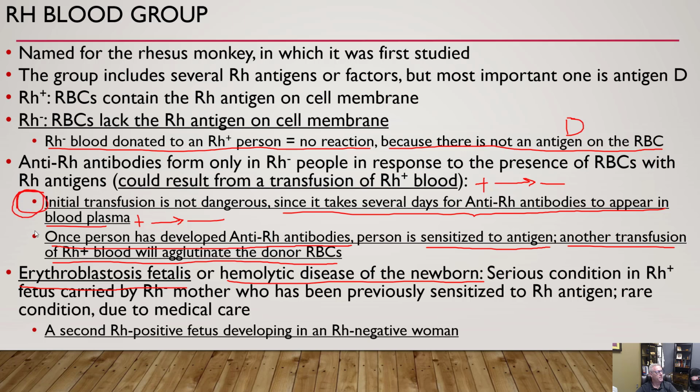But with the second, mom is pregnant again and has that second exposure to the Rh antigen D. During vaginal delivery, mom's blood and baby's blood get mixed. If mom has that second exposure, things could be complicated. So that second exposure, the fetus developing in an Rh negative woman, is when we can see serious complications.